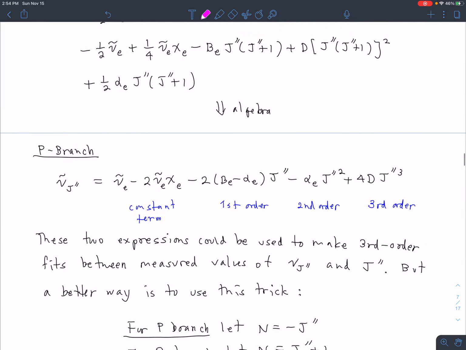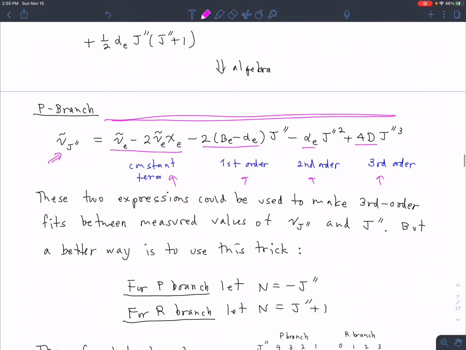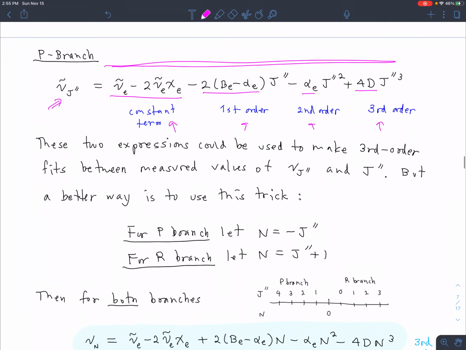Again, a bunch of algebra, and again, an expression for the peak position that includes 4 terms: a constant term, a first, a second, and a third order term. Again, these coefficients in front of the powers of J double prime are the quantities that we can extract by doing a fit of the peak positions to a third order polynomial.